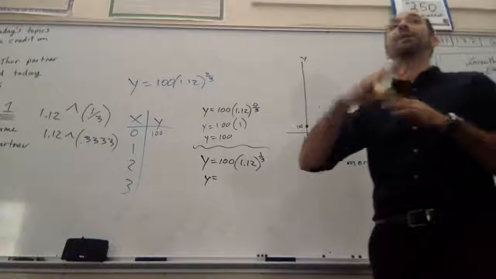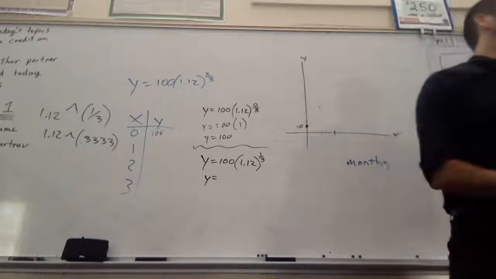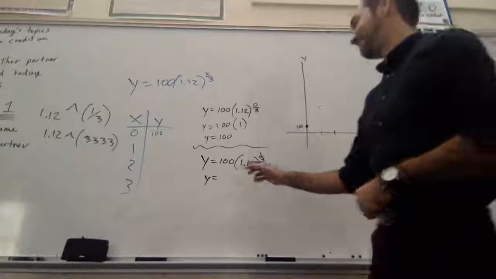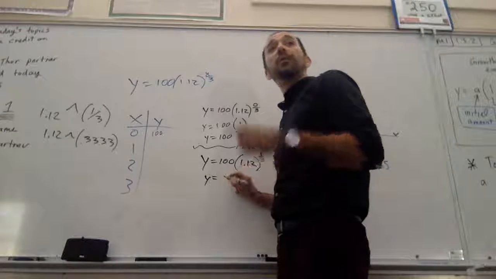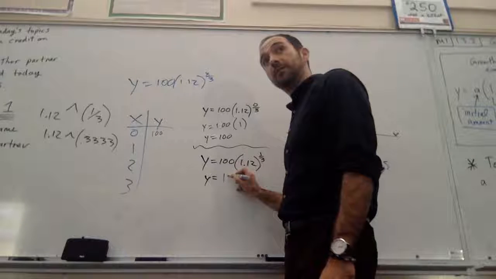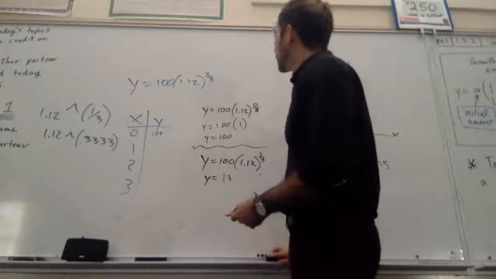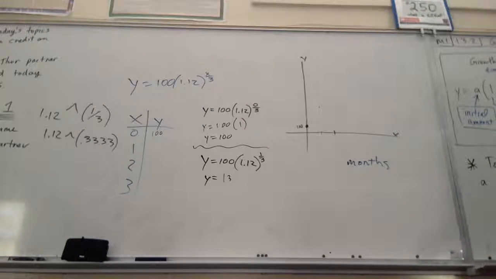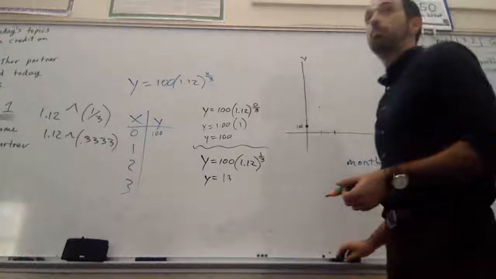So we don't round up. We round down. What is the number then? 137? Is this a growth problem? It's a growth problem, though.